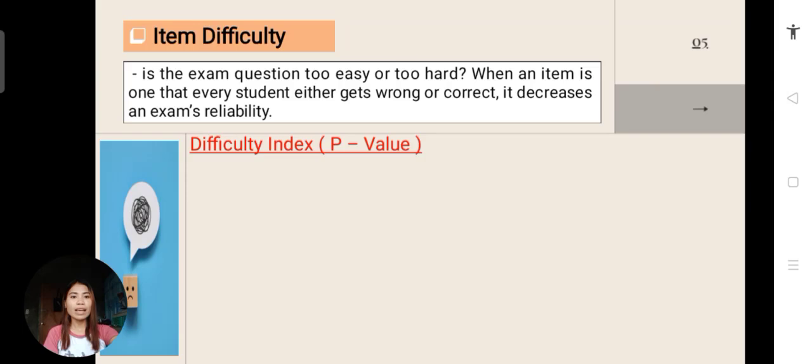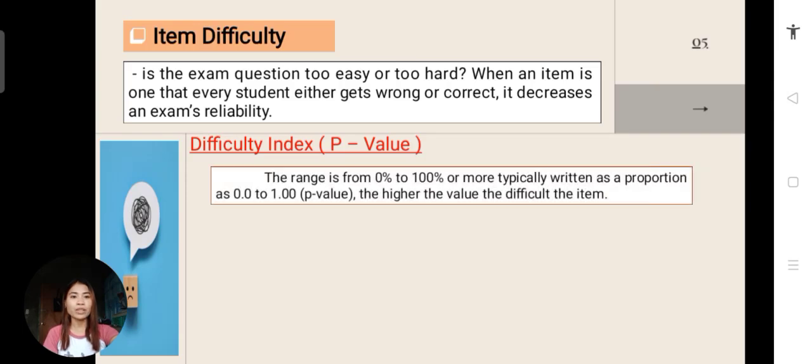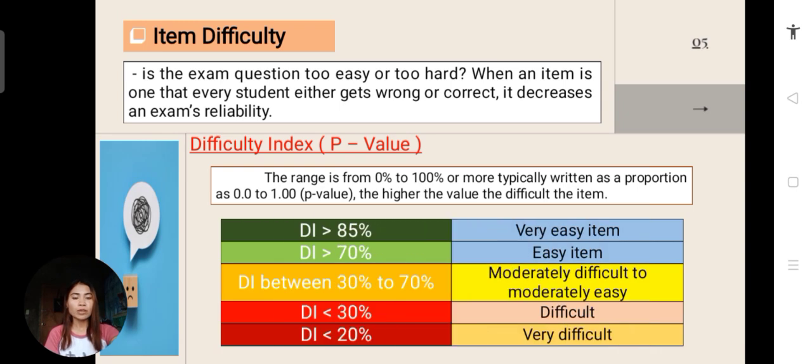The difficulty index, or the p-value, has a range of 0% to 100%, or more typically written as a proportion from 0.0 to 1.00. So the higher the value, the easier the item. It can be interpreted using this criterion. If the difficulty index is greater than 85%, it is a very easy item.